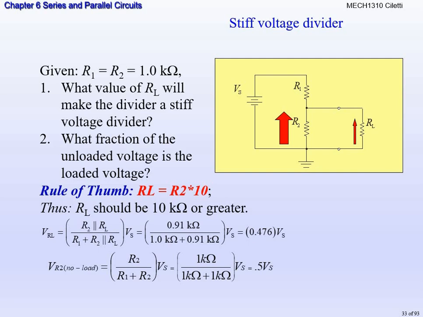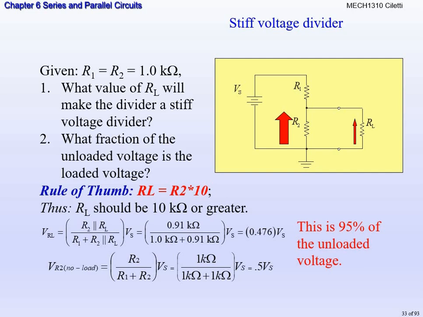Okay, but we don't really want to impact the load. So if we take a look, the voltage divider with RL of 10,000 ohms, we had to do a parallel combination, we get 0.91 kilo ohms divided by 1 kilo ohm plus 0.91 kilo ohms times the voltage source, we would get 0.476 times Vs. And then if we did it with no load, we would get 0.5 Vs. So notice they're very close, right? 0.476 and 0.5 are relatively close.